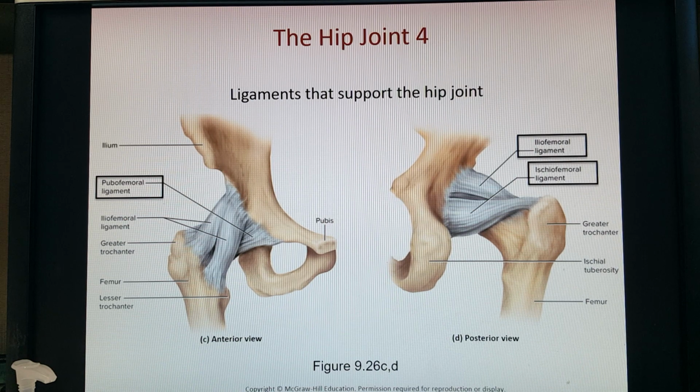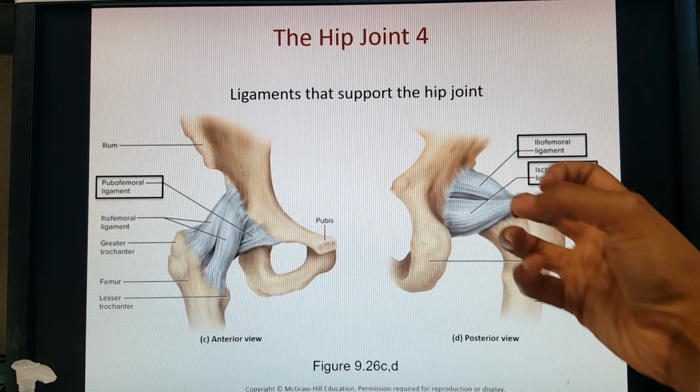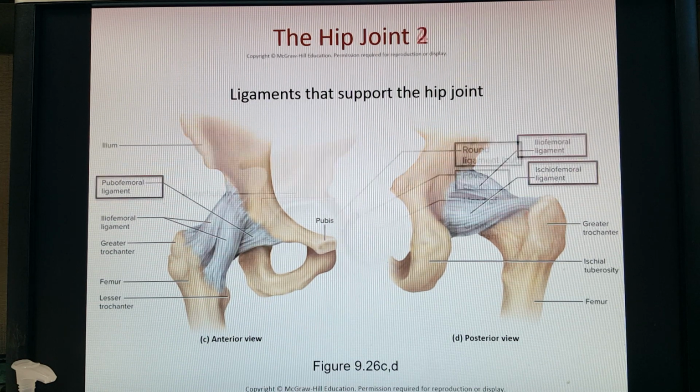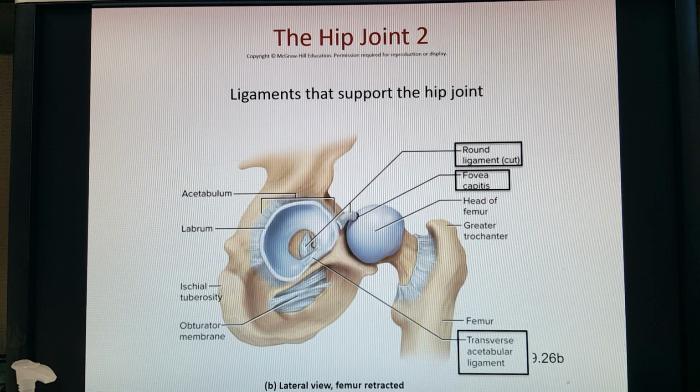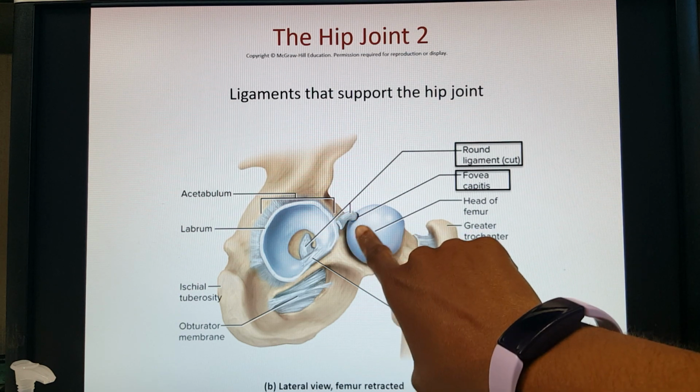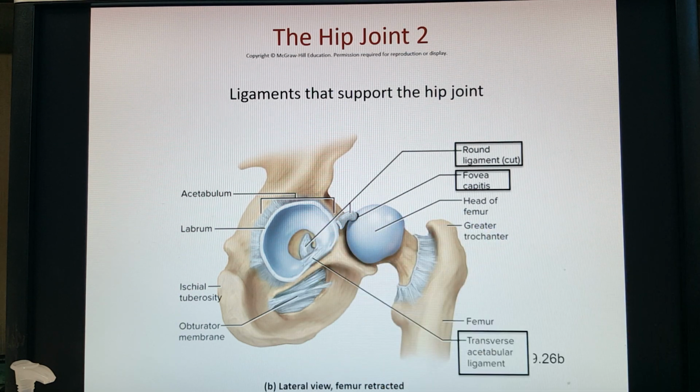And when you stand up, they actually twist around the head of the femur to shove it into the socket, and that helps make it even more stable. A round ligament connects the fovea capitis in the head of the femur and attaches into your acetabulum, making sure that attachment stays nice and sturdy.